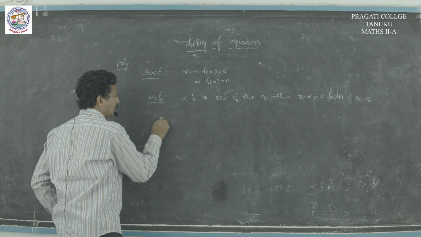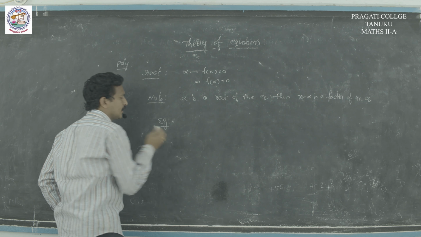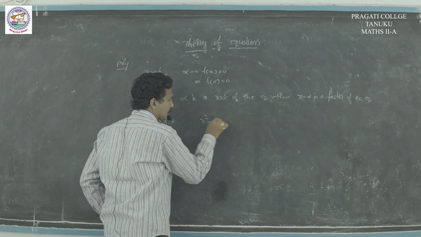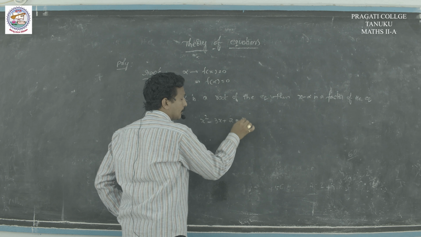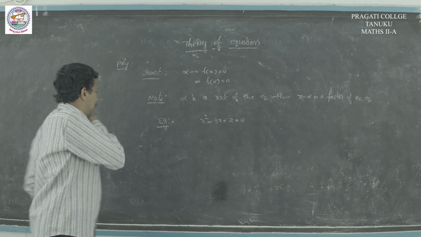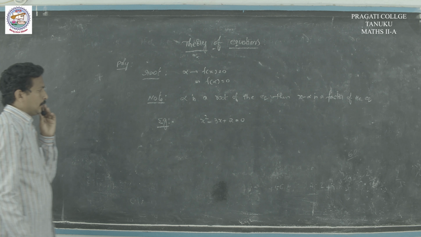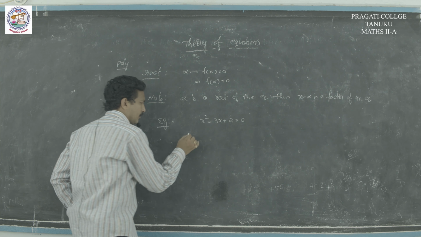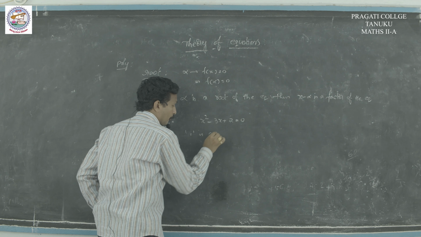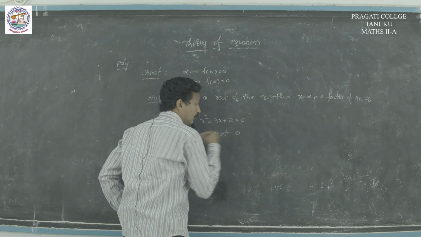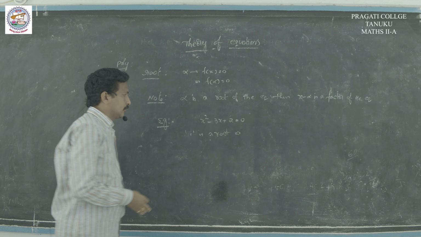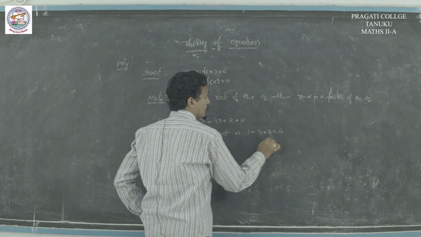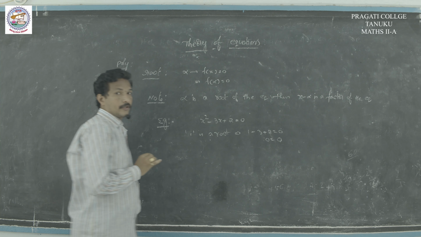One example we can easily understand. Suppose the equation is x square minus 3x plus 2 equal to 0. 1 is a root. It is clear, that means it satisfies the equation: 1 minus 3 plus 2 equal to 0. Okay, 1 is a root.